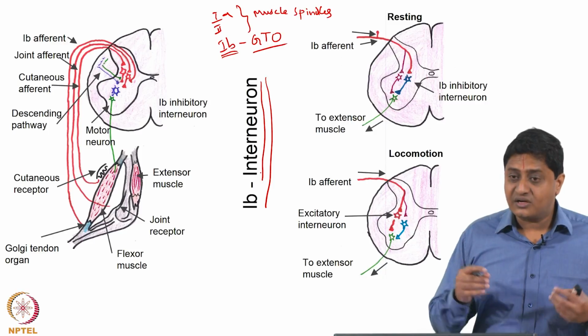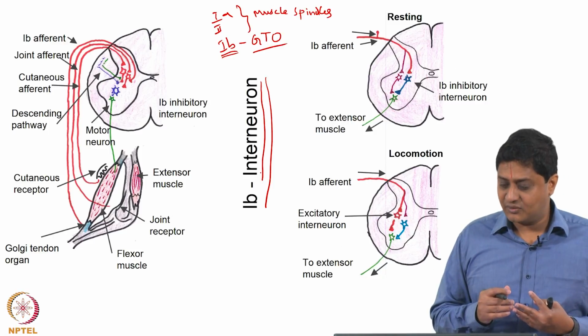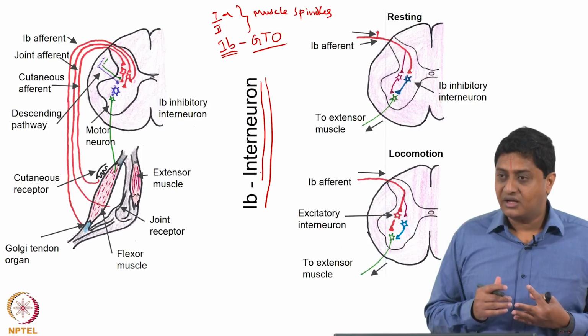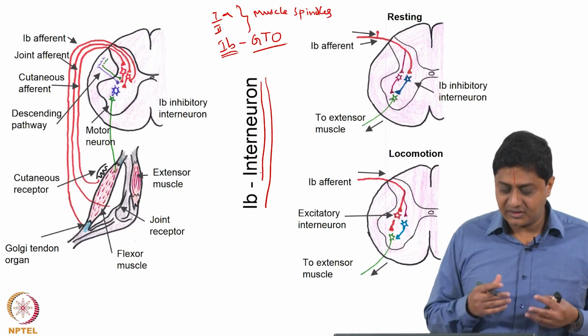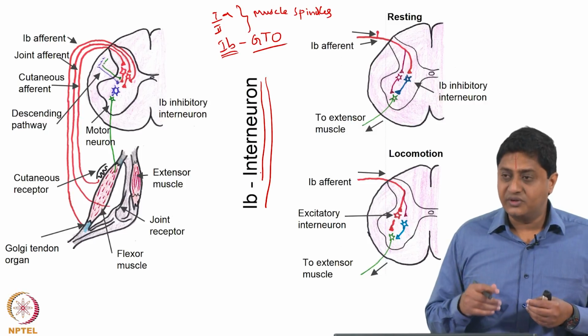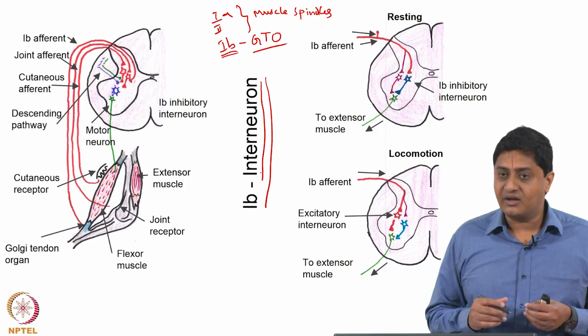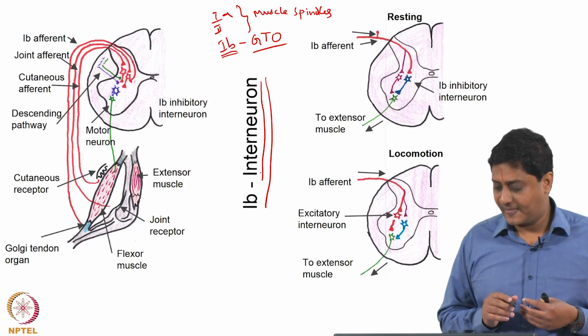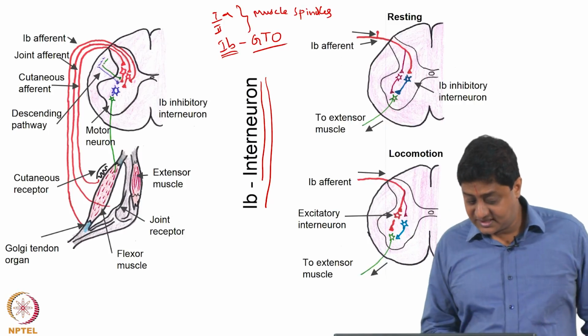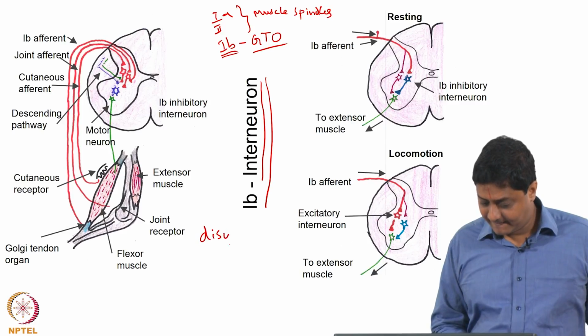In this case contraction activates the 1B afferent and we have to inhibit the alpha motor neuron. It cannot do it directly, it activates a 1B interneuron which inhibits the alpha motor neuron. So, this is a disynaptic pathway.